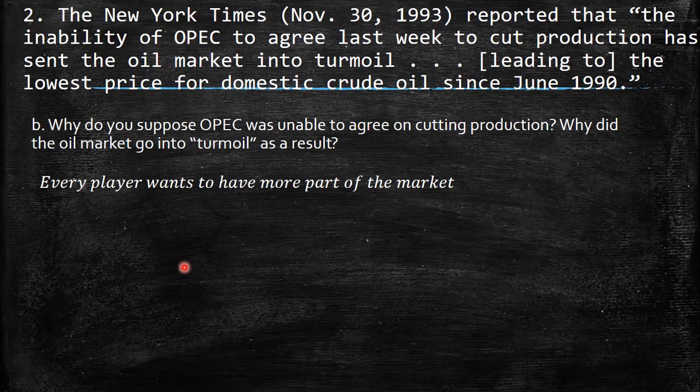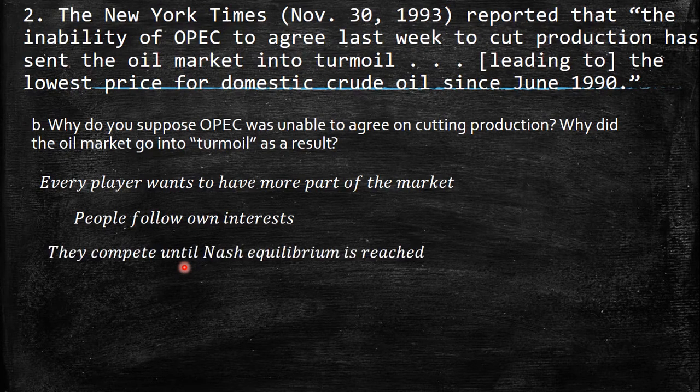The other will move, the other will move all the time until there is a standpoint where there are no more incentives to move. That is what we call the Nash equilibrium, right? So then actually people fall on self-interest. So this is really important. So for this reason, it is so hard to reach an agreement. And as I said before, this continues until Nash equilibrium is reached.